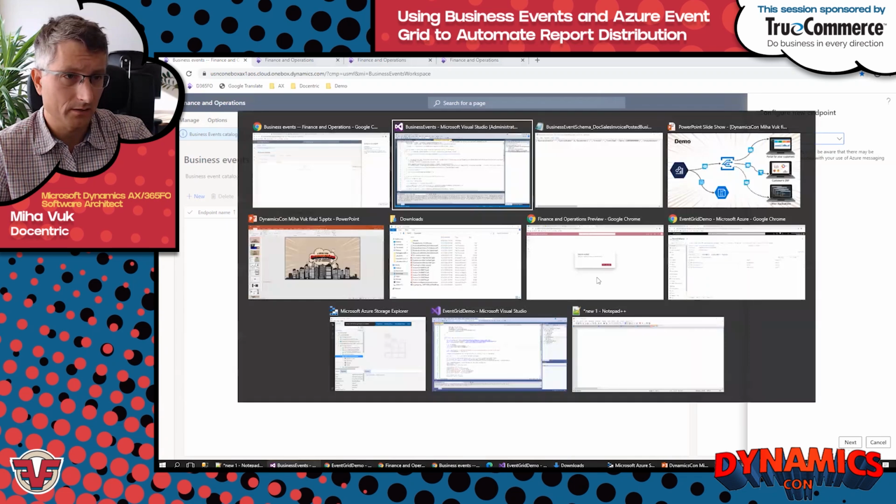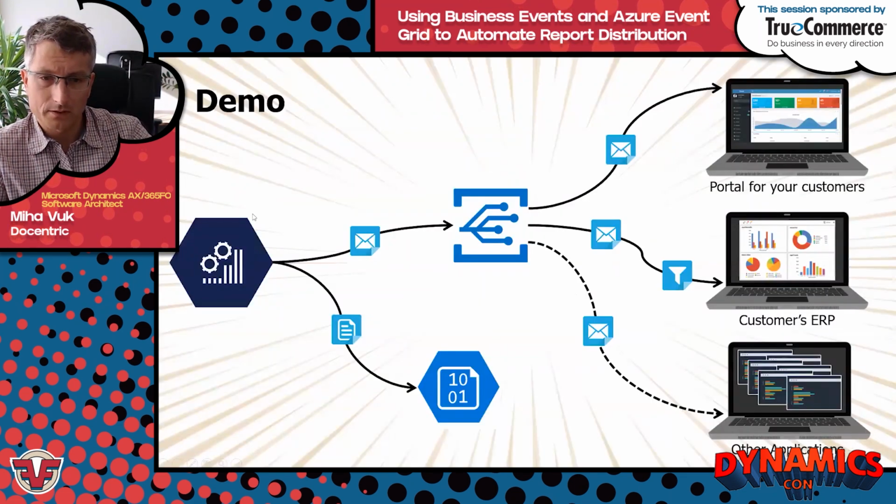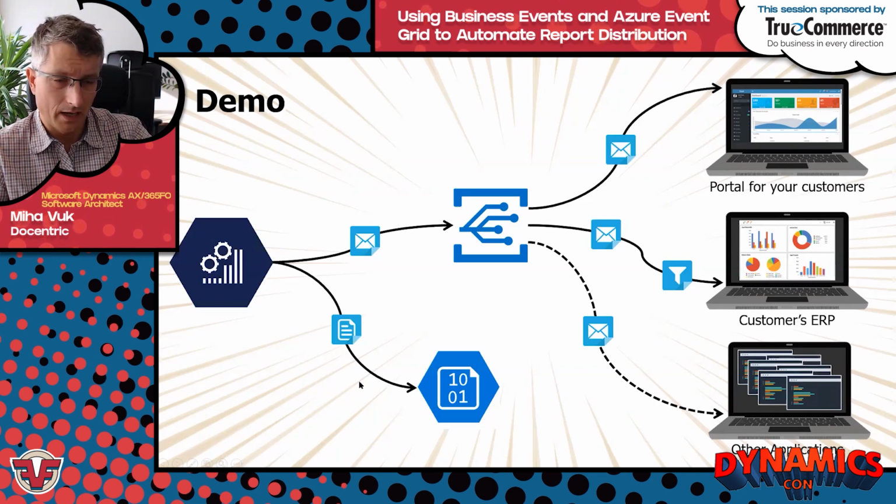Okay, let me recap: so far we have created the document in Finance and Operations. We have uploaded this document to Azure storage, and we have got back a download link. Then we have created a business event contract and a business event, and we have prepared this business event, and we are just about to send it to Event Grid.